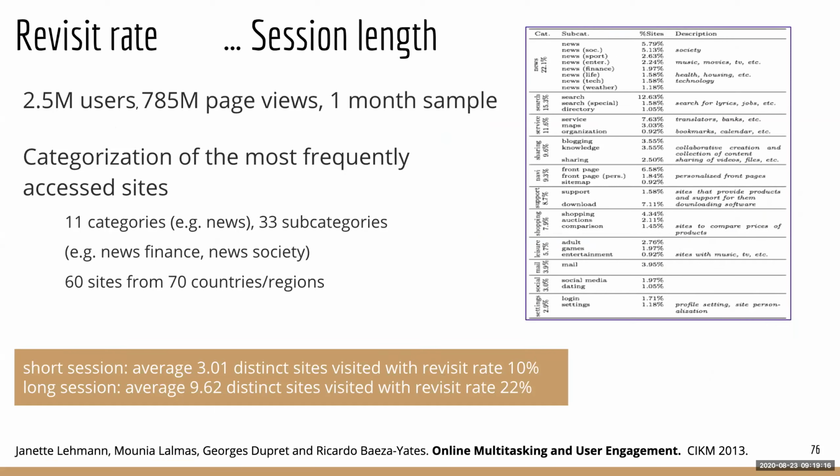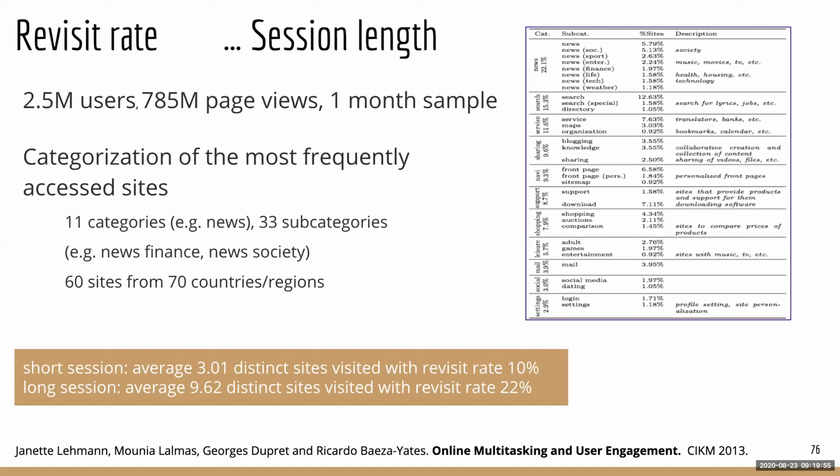So this is an offline study, 2.5 million users, a lot of page views, 1 month example, and we categorized websites according to categories, for example, search, blogging, front page, and so on. We look at short session, and in a session we had maybe around 3 distinct sites being visited with a revisit rate of 10%, and long session, 9.62 distinct sites being visited with a revisit rate of 20%.